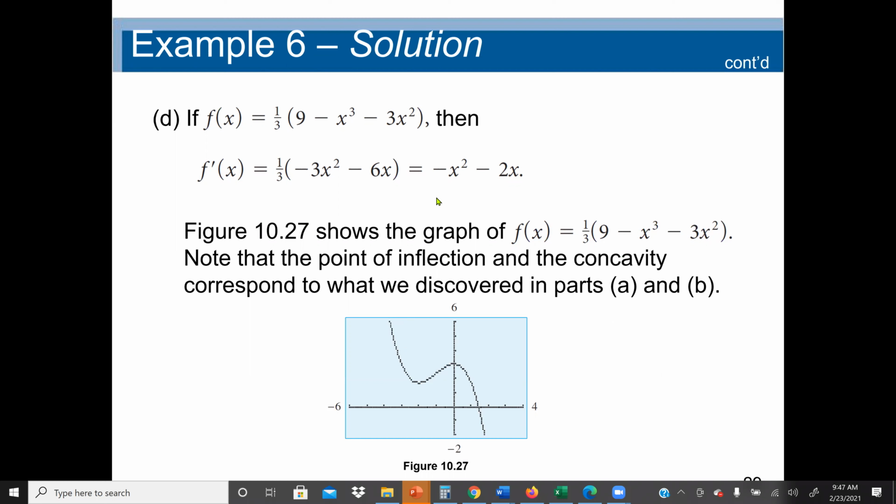But when we find the first derivative, the degree reduced to 2. So we have only 1 turn. And this time we have only relative maximum. It turns open downward. Then when we find the second derivative, the highest degree of s was 1. So it turned to a linear function.